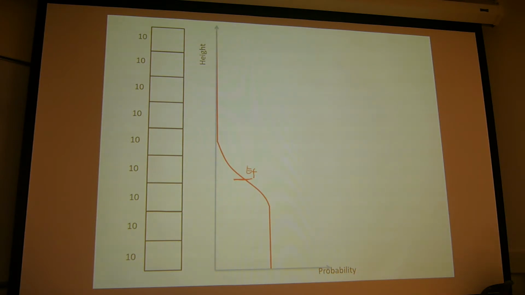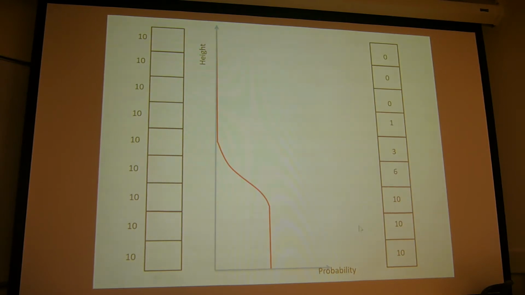Any idea? Those are the available states, and this is the probability to fill those states. If you multiply those two together, you will get the actual number of electrons in each box.